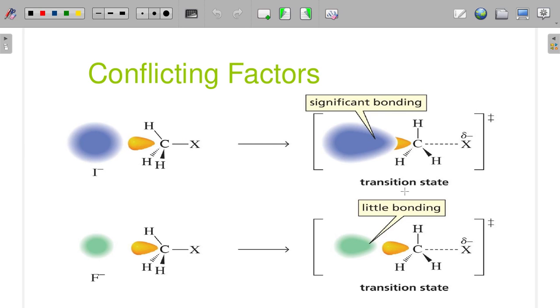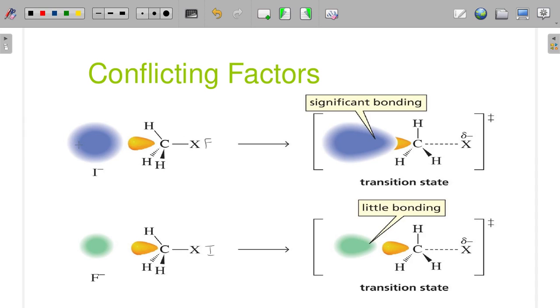All right, now here's something interesting. When we want to replace a halogen with a nucleophile, we could actually replace them with other halogens. So now if this is a fluorine and this is an iodine, we see something interesting going on, because to actually get that fluorine to come off, and we know the reactivity is low, we'd have to get this big, huge, bulky thing in there.